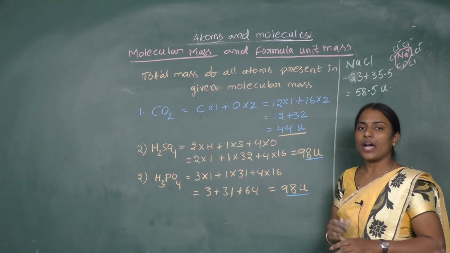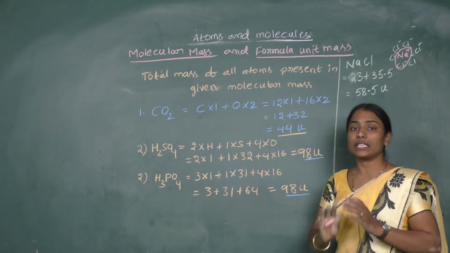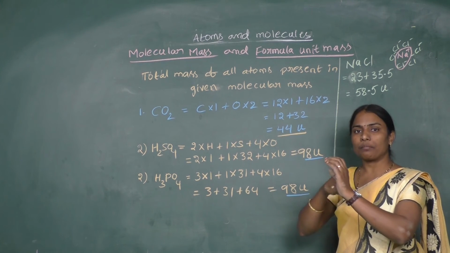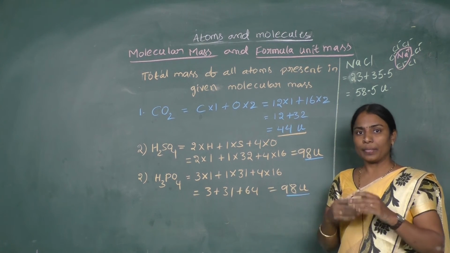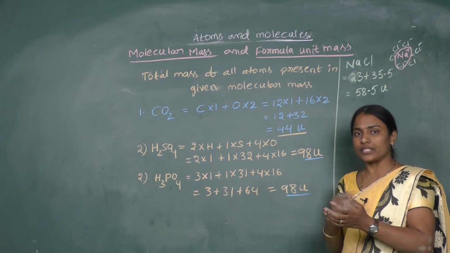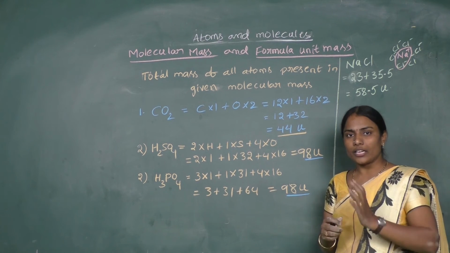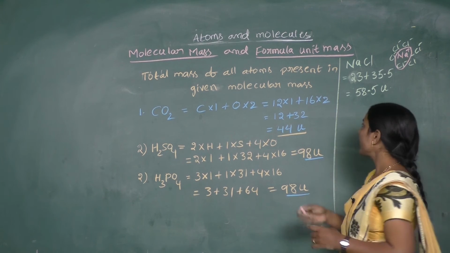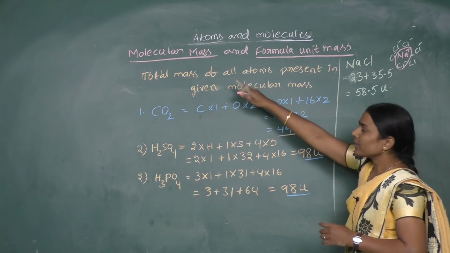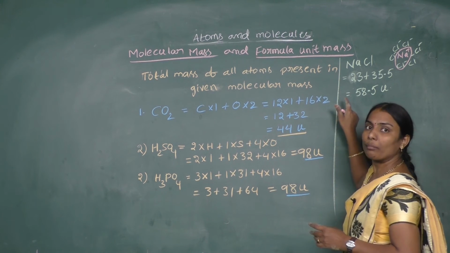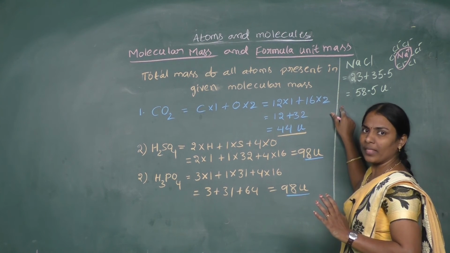That is because ionic compounds never contain separate molecules. Always a cation is completely surrounded by anions, and every anion is completely surrounded by cations. So it is not correct to use the word molecular mass for ionic compounds.